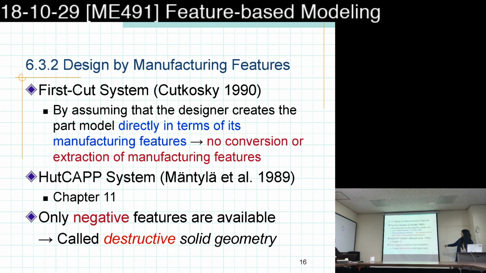Also, in this method, only negative features are available, so it is called destructive solid geometry. Sometimes the features can be represented using the subtraction operator in CSG. So there is some problem.